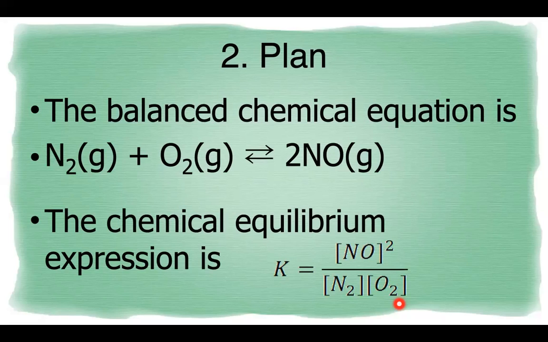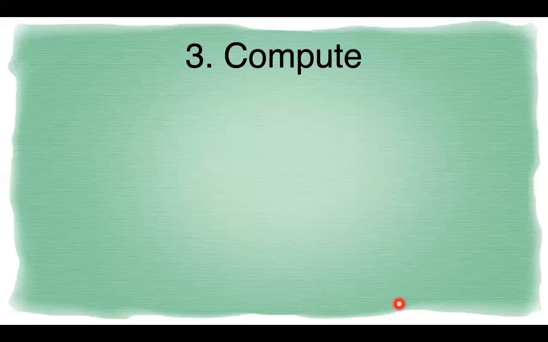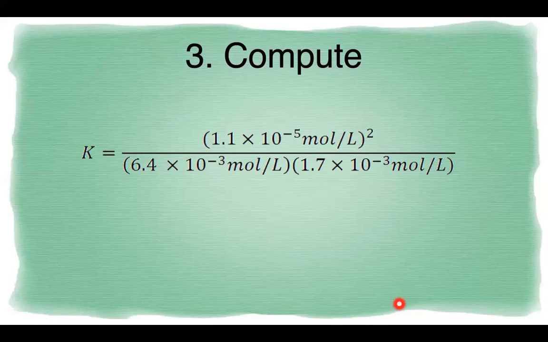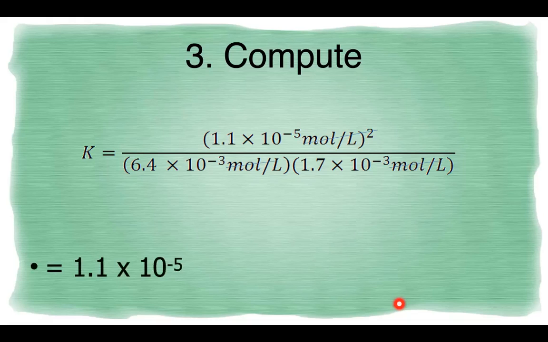We were given each of these in the original question, so all we do is plug those numbers in and use our calculator to calculate K. We cancel all of our units, so K has no unit. You've got moles per liter squared divided by moles per liter times moles per liter, so everything cancels. And you get 1.1 times 10 minus 5.